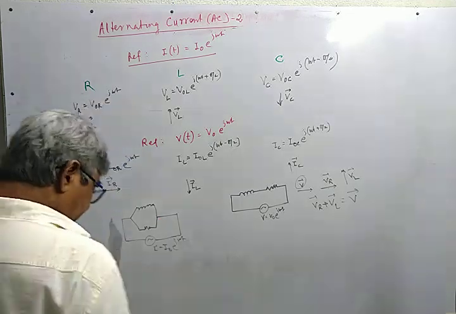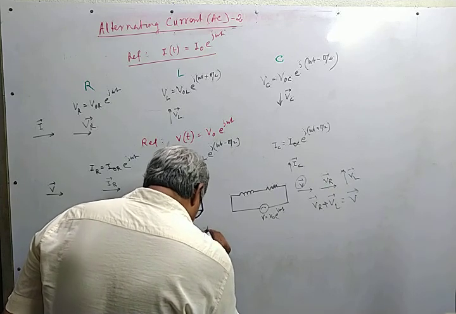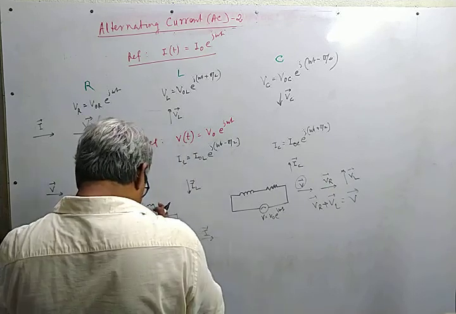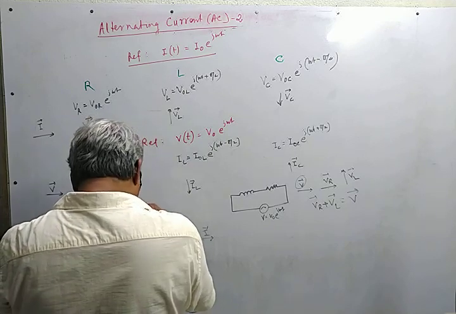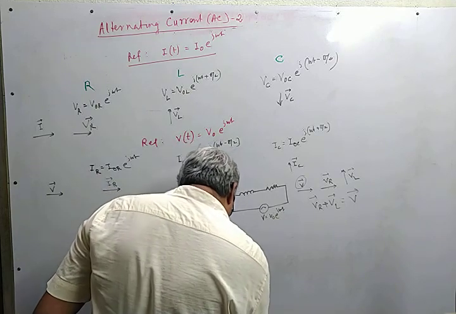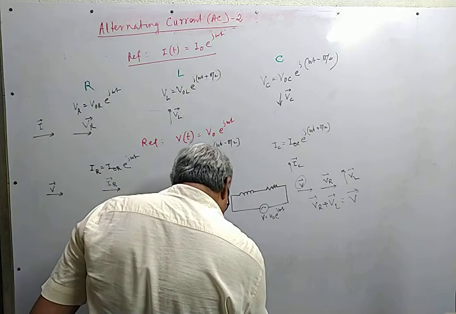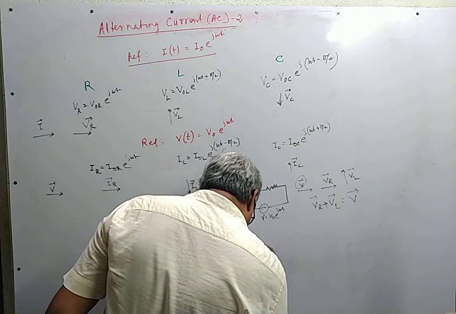So at a particular instant, this is the current phasor, then the current across this is the inductor L and the capacitor. This is IR, and this is IL.